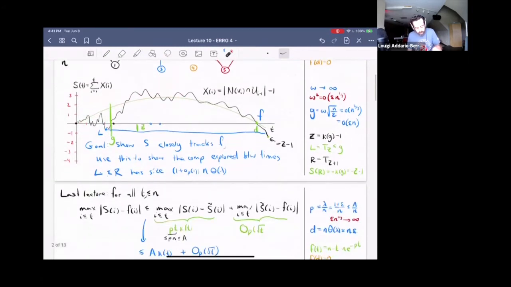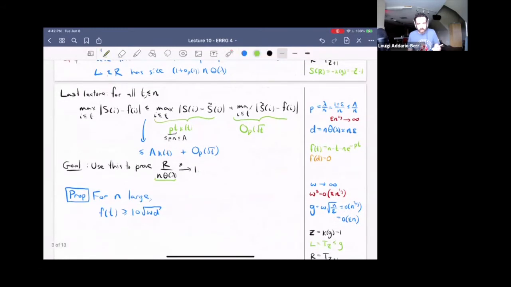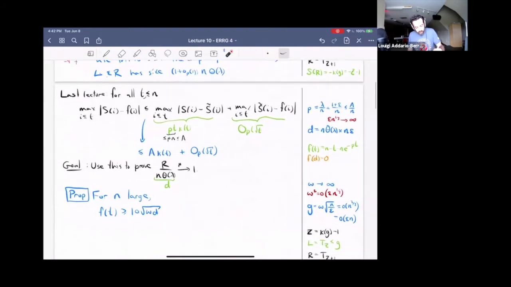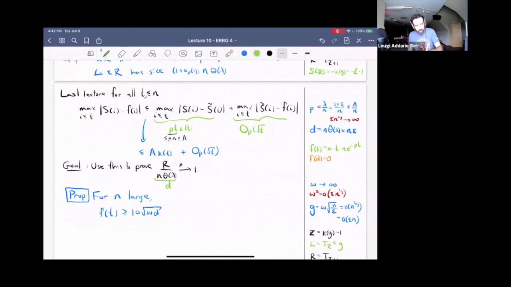So d is our denominator here as well. So when n is large, F is much bigger than root d for t between g and d minus g.